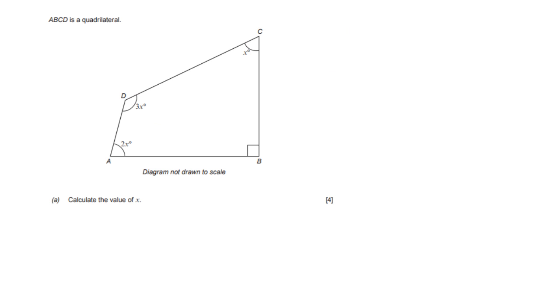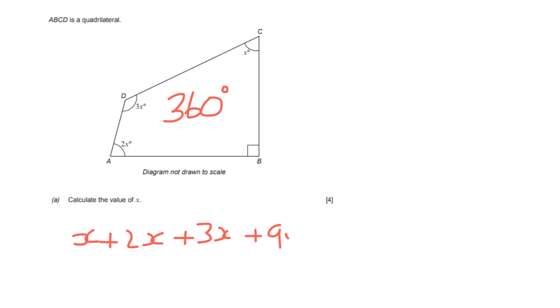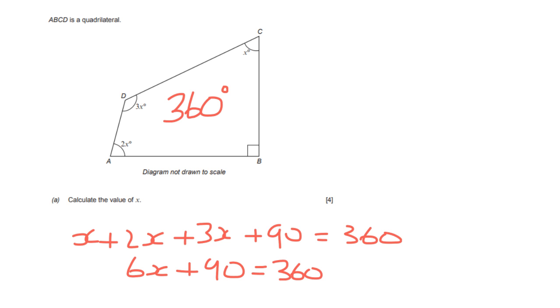So in this question, I'm dealing with a quadrilateral. We know quadrilateral is a 4-sided shape, so that adds up to 360 degrees. So we've got x, add 2x, add 3x, add 90 equals 360. So that gives me 6x + 90 equals 360.